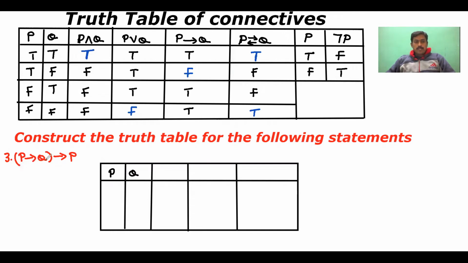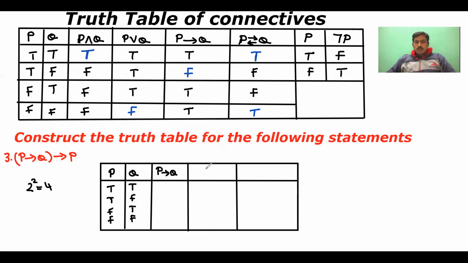If P then Q, then P is the given problem. Here if you observe, two variables are involved, so your combination is 2 power 2, 4 combinations. We can write like this: true, true, false, false. Here true, false, true, false. Now the required terms are: if P then Q was required first.